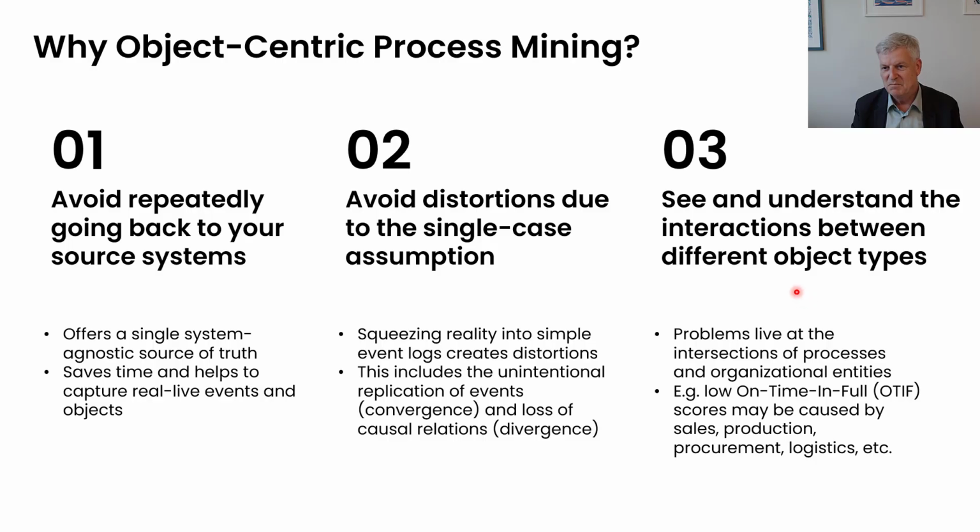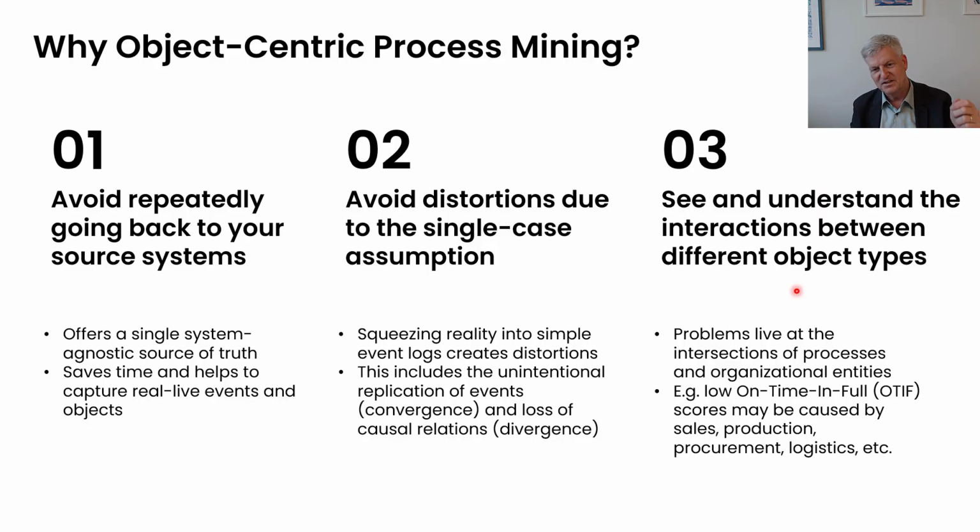Finally, most of the problems that we find in processes are not restricted to a single object type. You typically need to look at multiple object types at the same time to find the root cause of problems. In the example that I just sketched, we would like to measure the time between when an order is placed and when the last item in that order is actually delivered.